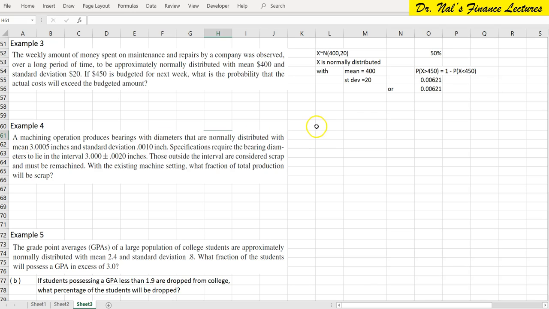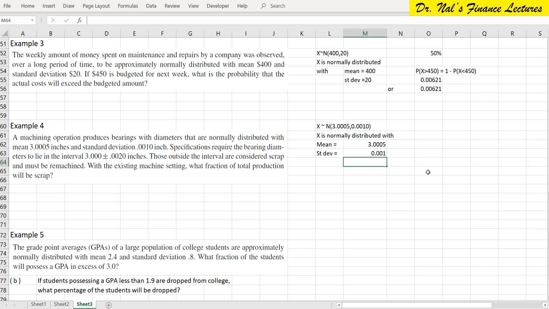These are annoying numbers, but let's just do it anyway. So x is normally distributed with mean 3.0005, I hope I didn't add too many zeros here, and standard deviation 0.0010. All right, there you go.